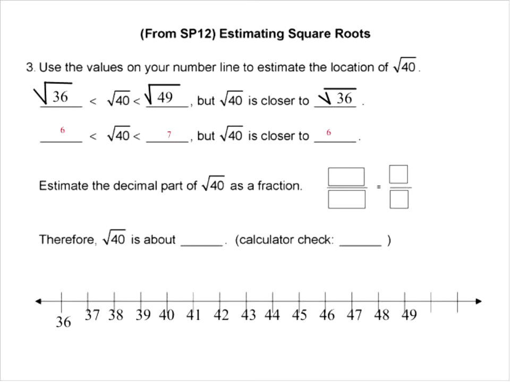Now when we estimate the decimal part of the square root of 40 as a fraction, you go from 36 to 40 for your numerator, and then from 36 to 49 for your denominator. So you're doing 40 minus 36, and 49 minus 36 for the denominator.